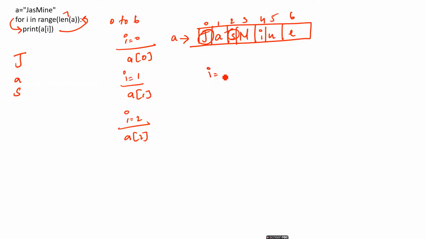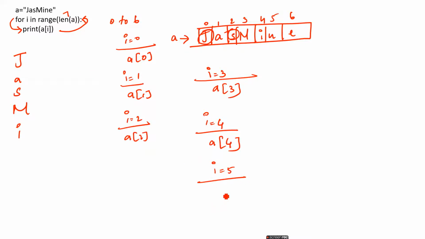Next value of I will be 3. Then print A of 3. What is A of 3? M. M will be printed. Next value of I will be 4. Print A of 4. Then I will be printed. Next value of I will be 5. Then print A of 5. What is there in A of 5? That is N. N will be printed.